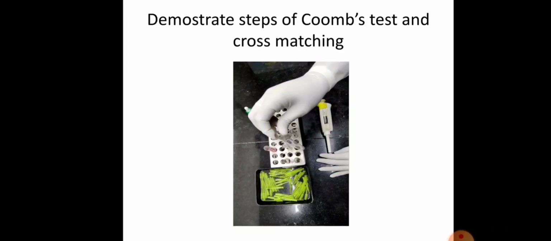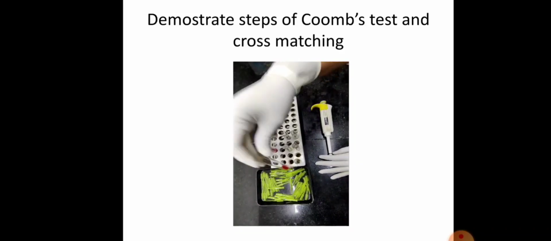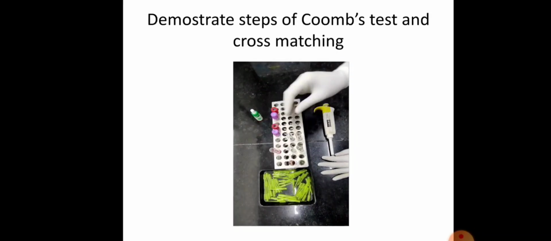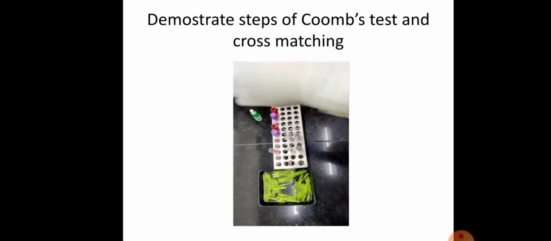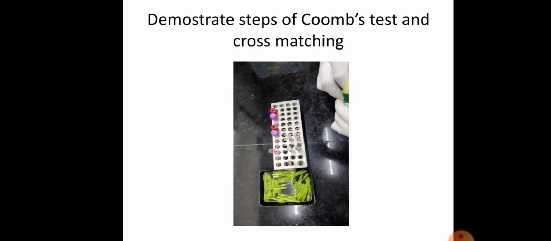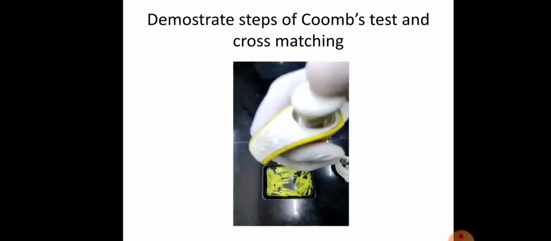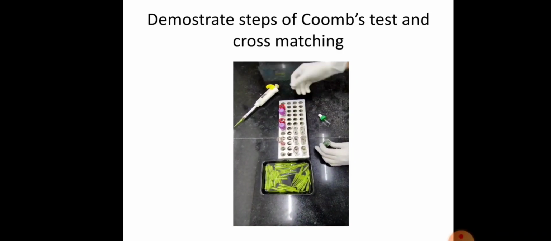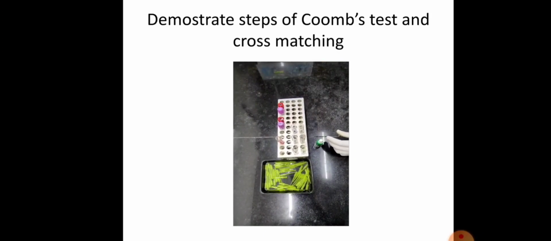In the direct Coombs test, we require a 5% red cell suspension of the patient, prepared after washing the patient's red cells with normal saline. Take 1 volume of anti-human globulin reagent in a clean test tube and add 1 volume of 5% red cell suspension of the patient.